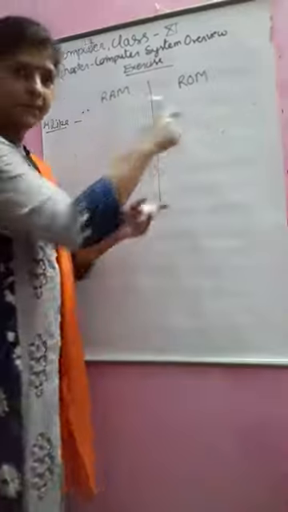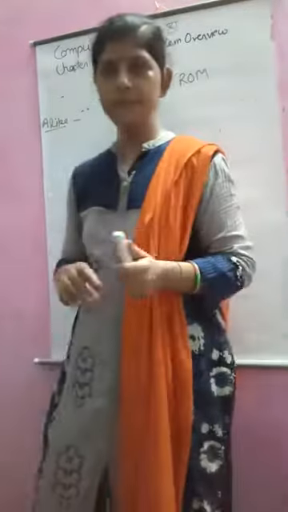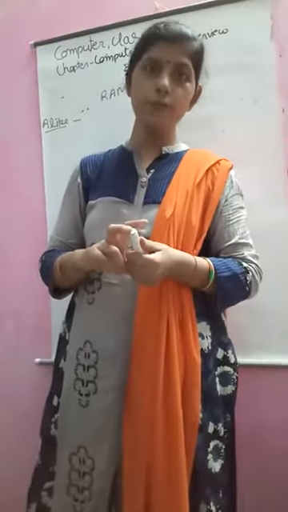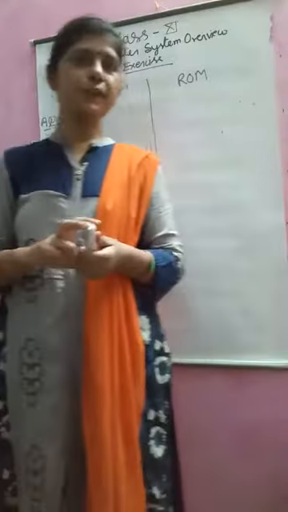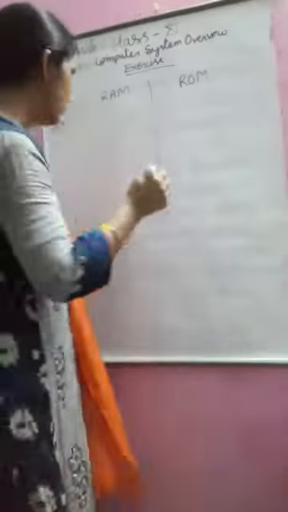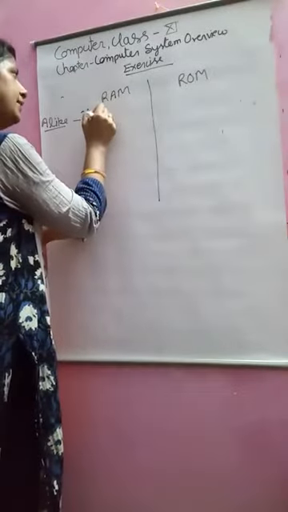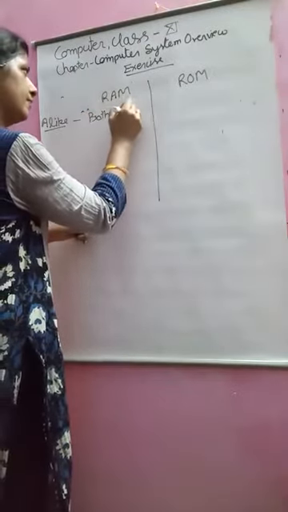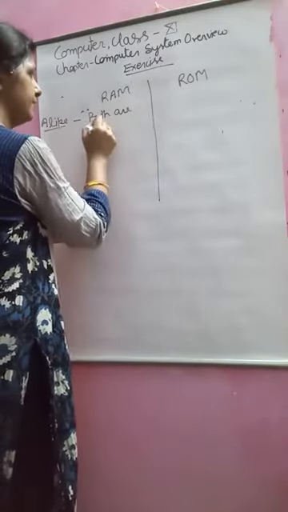Both are primary memory. What is the primary memory? Primary memory is the memory through which your processor interacts directly. So the processor can interact directly with both the RAM and the ROM. So alike means both are primary.